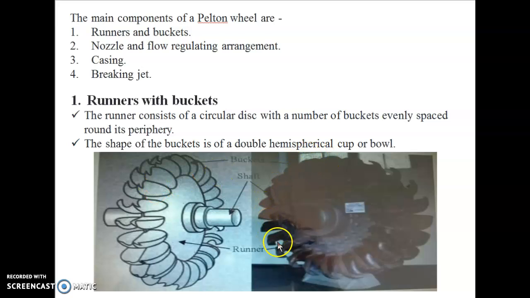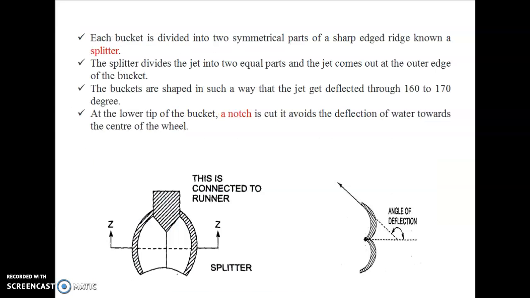We can see those buckets in this photograph also, and at the center of that runner there is provision of a shaft. We can see that shaft in this photograph again. Now we have to learn about the buckets, because these buckets are very important as we are going to make use of them, so we'll try to learn about them in detail.